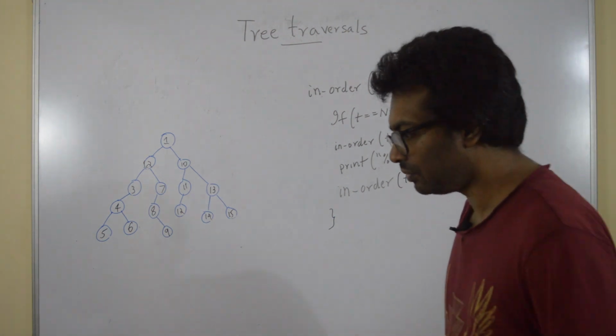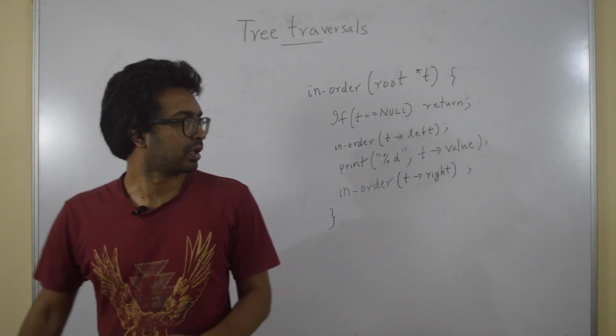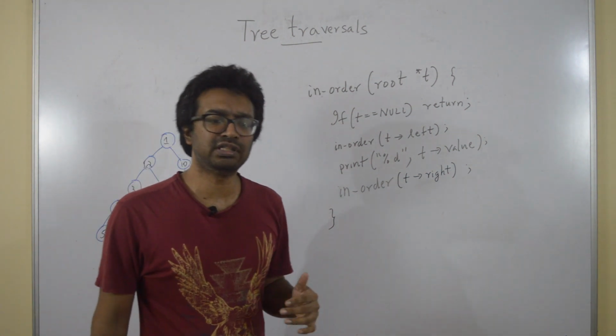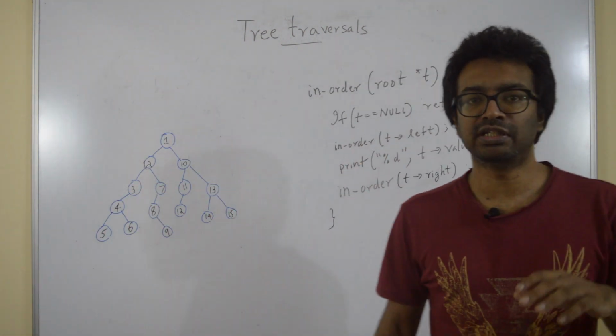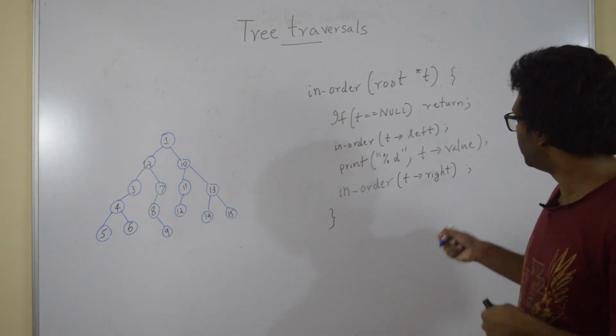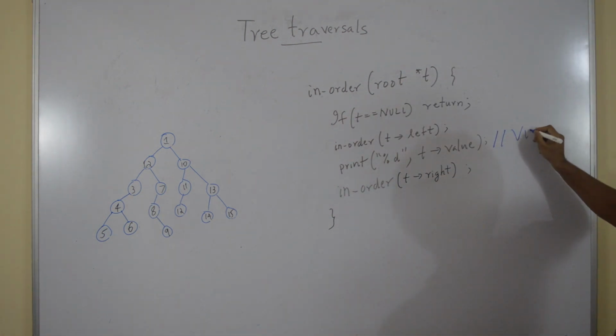Right. This is in-order traversal. As you could see, where is the visit happening? The visit is happening between the two recursive calls. So this is our visit.